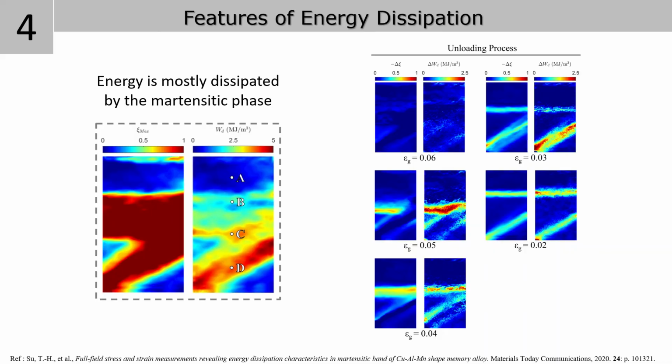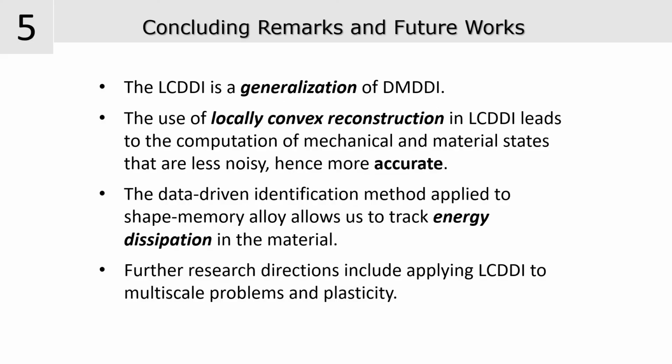To conclude, we've seen that LCDDI is a generalization of DMDDI, where once we set the number of closest material states that are used for interpolation to 1, both solvers are equal.